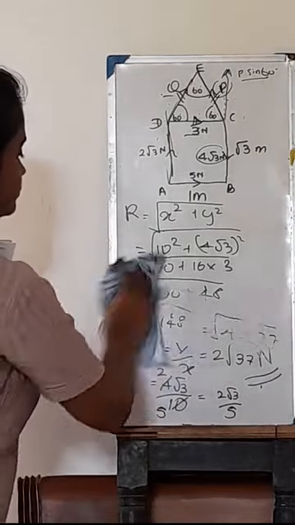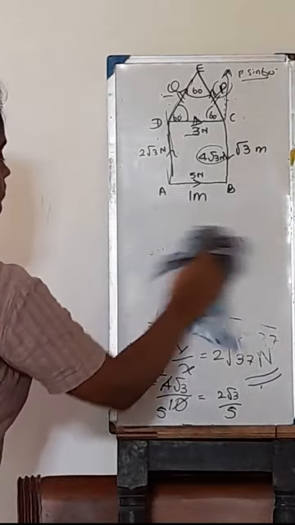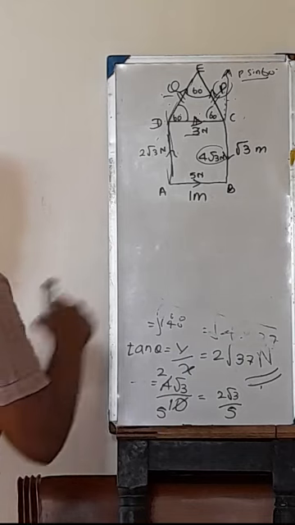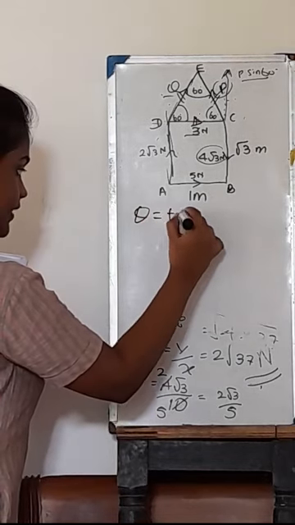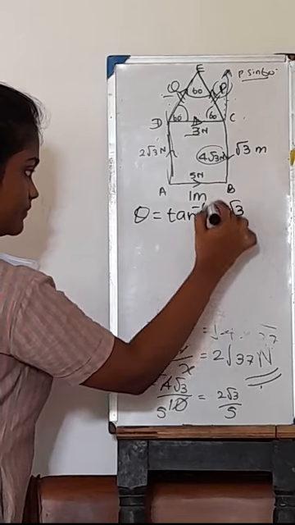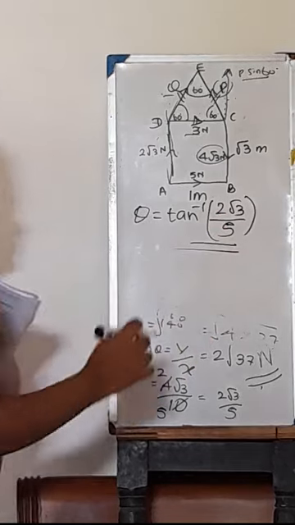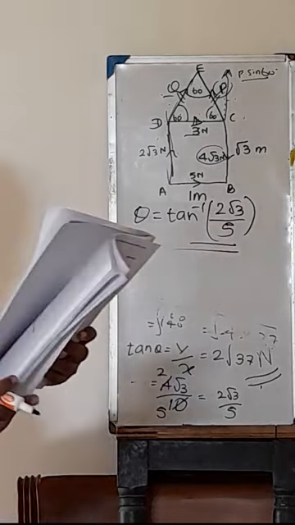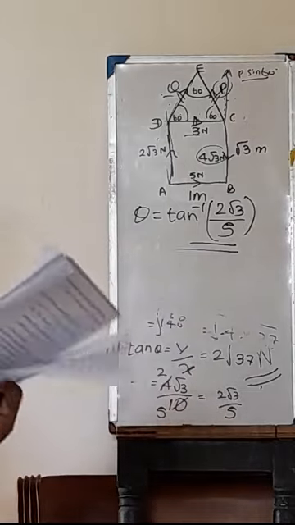So theta is equal to tan inverse of 2 root 3 over 5. Done. Now it's the last part.